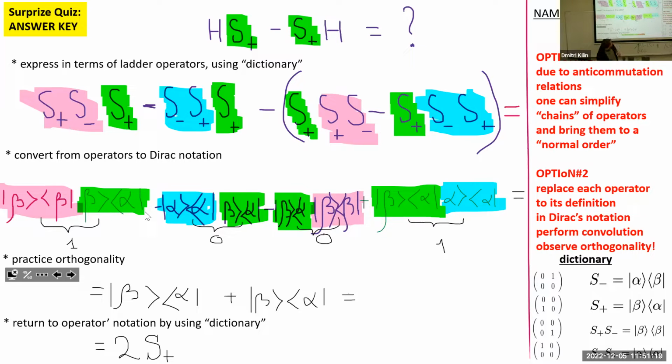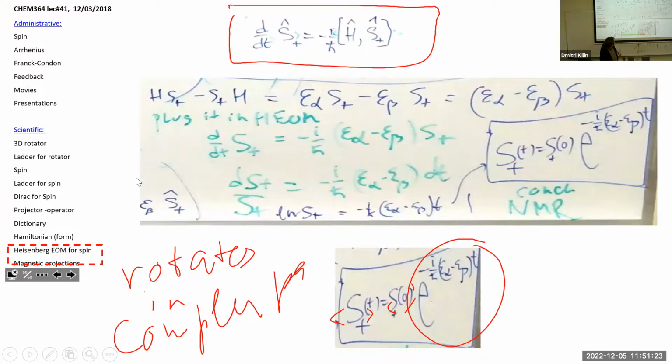When we plug it into the Heisenberg equation of motion, it means that it is a linear differential equation. The time derivative of S plus equals the energy difference times S plus. You see? And now we solve this differential equation.